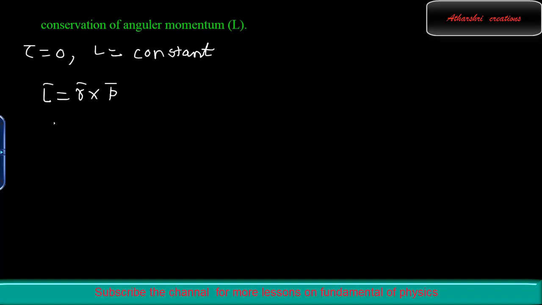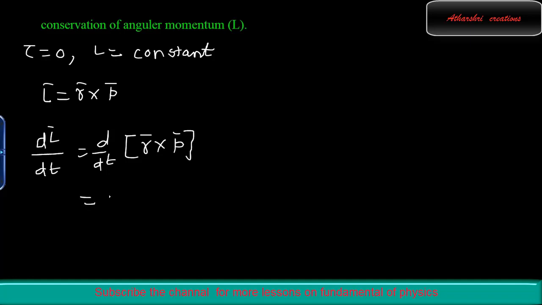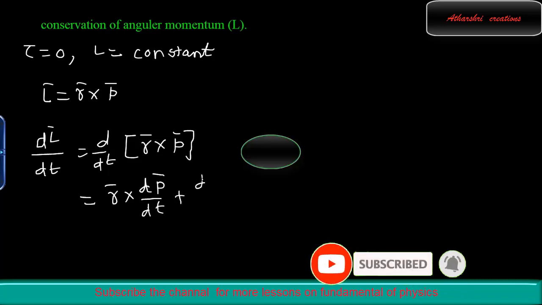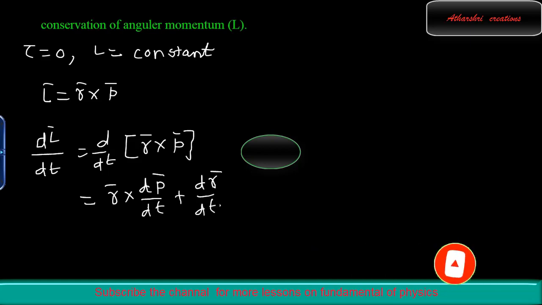Now differentiating with respect to time, we get dL by dt, which is equal to d by dt of r cross p bar, which is equal to r cross dp by dt plus dr by dt cross p.